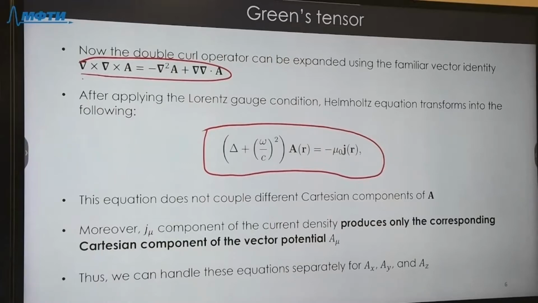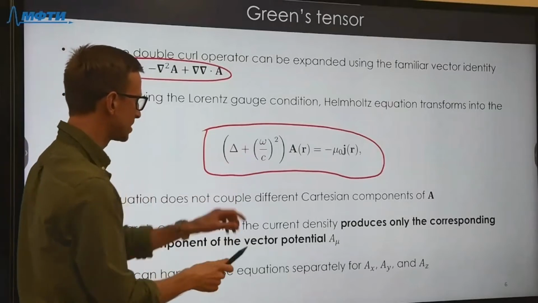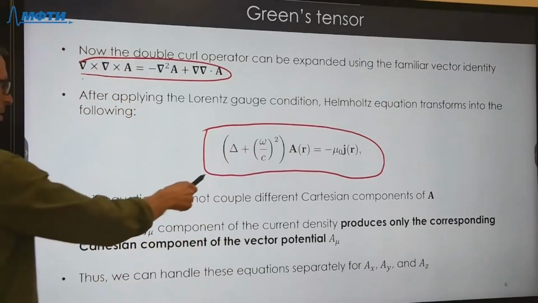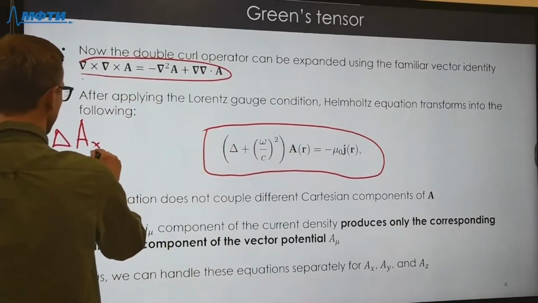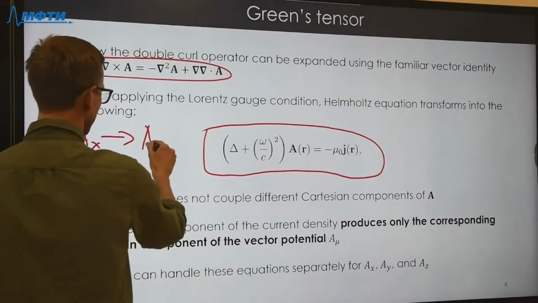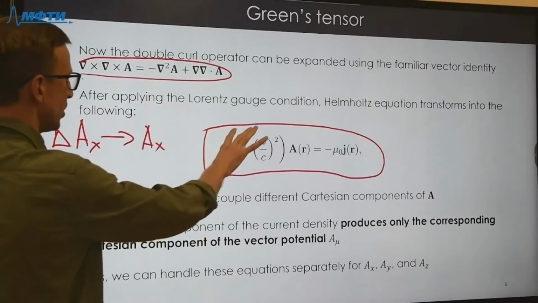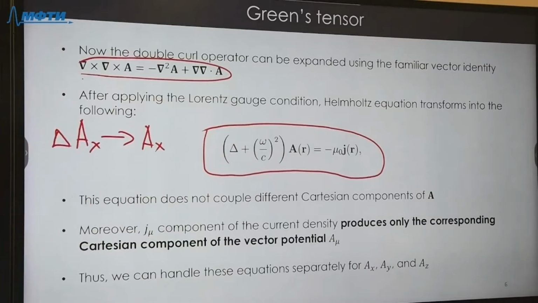First of all, this equation does not couple different Cartesian components of A, because the Laplacian, unlike the curl operator, when it acts on the x Cartesian component, it remains the x component, but it becomes the sum of different derivatives. The point is, you can split this equation into three independent scalar equations for the x, y, and z Cartesian components of your vectors.